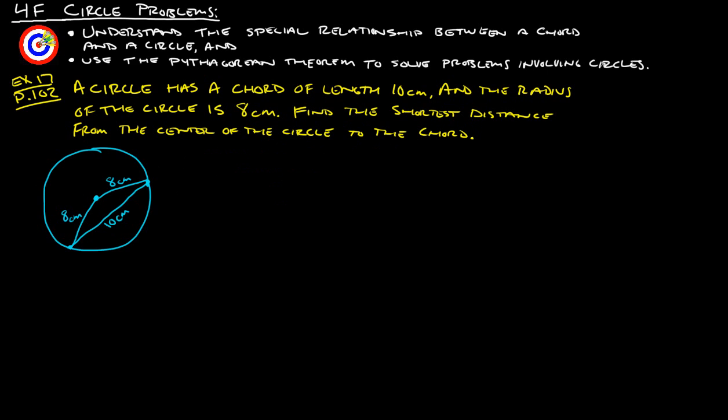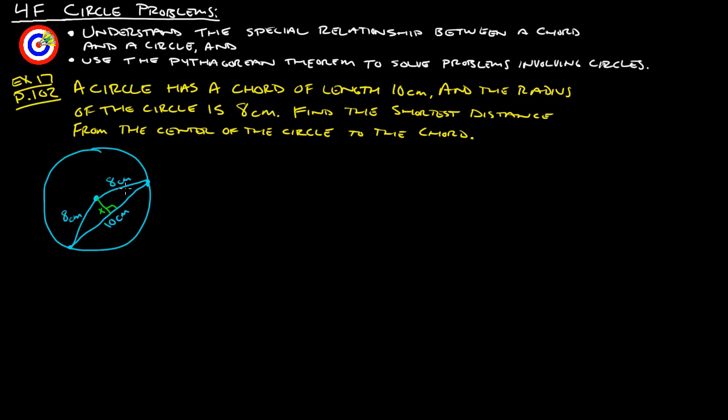So the shortest distance from the center of the circle to the chord is this right here. Okay, that one that makes the right angle. That is what we're looking for. So now again, for me at least, it makes it a lot easier now that we have this picture here.